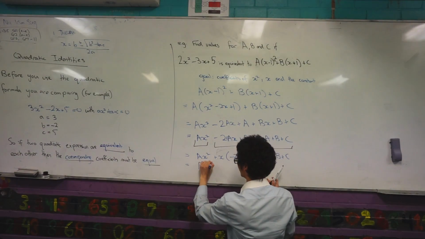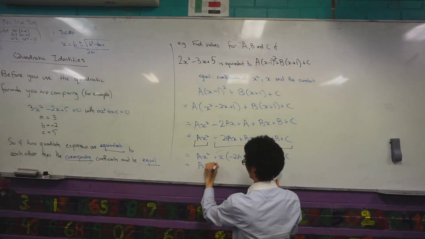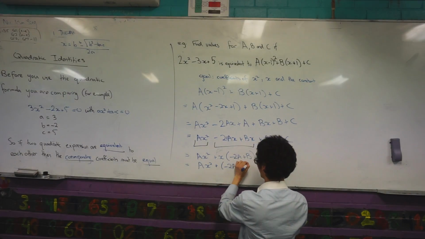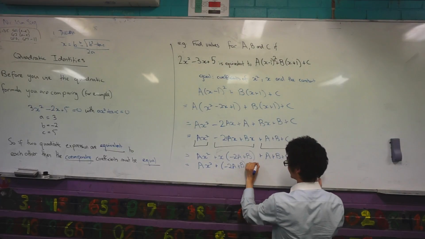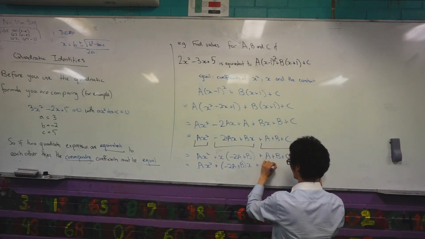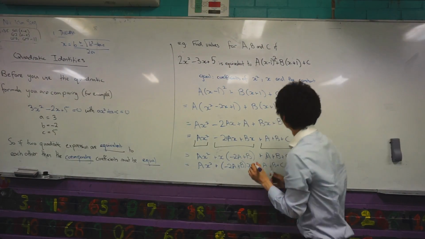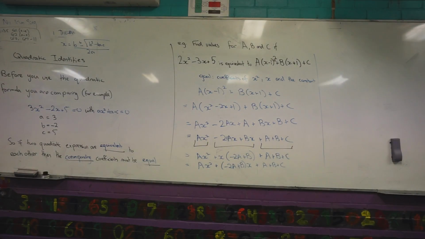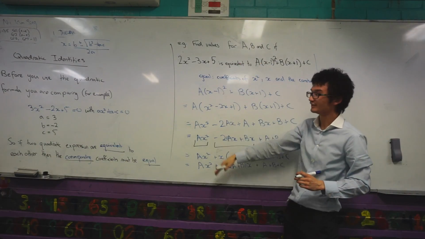That's just going to be plus minus 2a plus b. So I've just rewritten it in front of the x term, so you can see that's clearly the coefficient of x. Okay. How does that help us? Now, that lets me easily compare these two expressions.